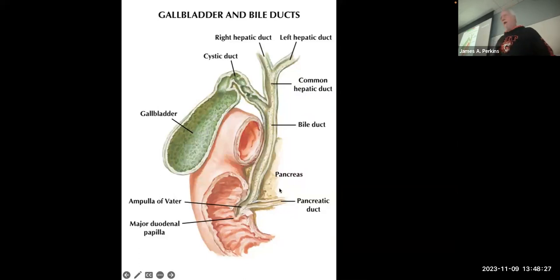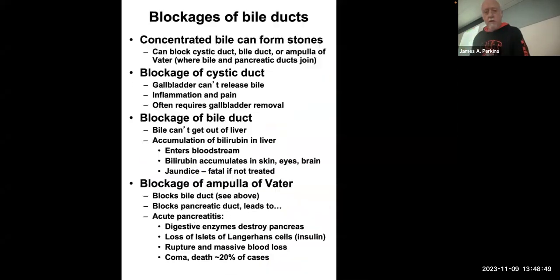It's blocking the pancreatic duct, and that's bad, because the pancreas is producing powerful digestive enzymes that digest carbohydrate, lipid, and especially protein. If you block the outflow of these digestive enzymes, the pancreas will digest itself from the inside out, which will cause damage to the pancreas.